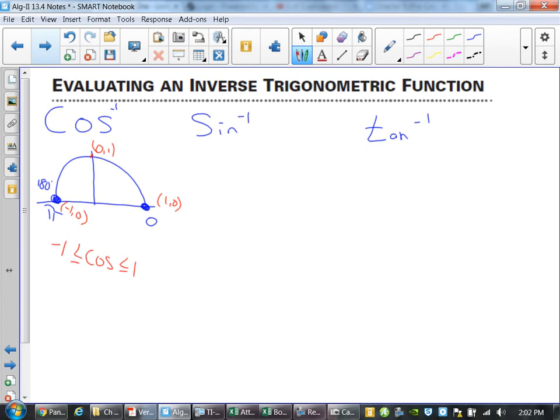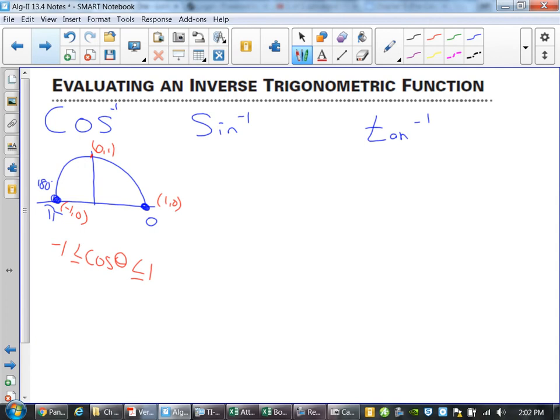The cosine of theta is always less than or equal to 1, but always greater than or equal to -1, because of the unit circle. Right? The angles themselves go from 0 to pi, and that's how you bounce them through. Now think about it. We have all of our positive values here in the first quadrant, all of our negative values in the second quadrant.